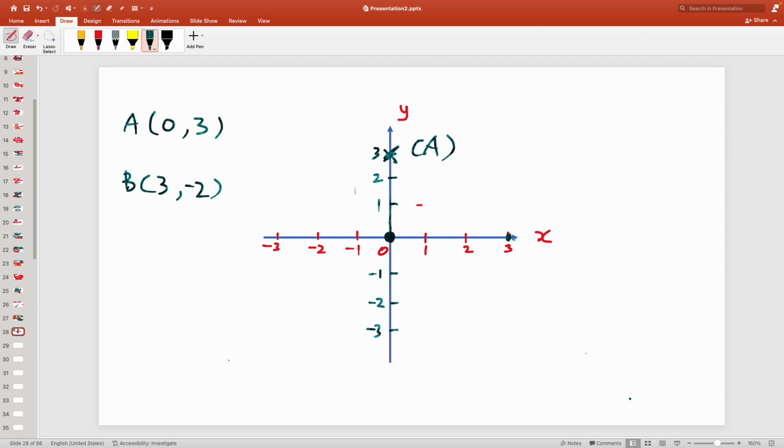Then your -2. The Y -2 or the X -2? Y. Okay, good. Here. So this is your point B. Okay, 2 more.